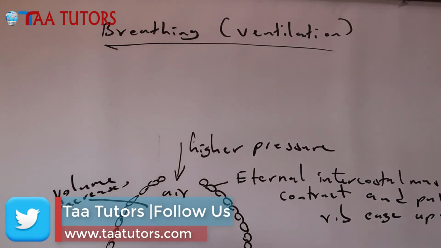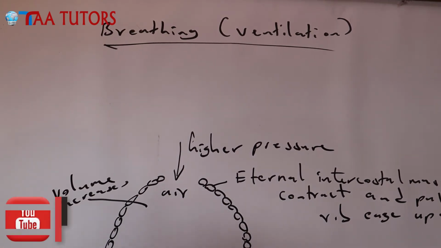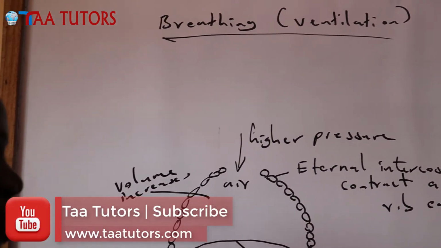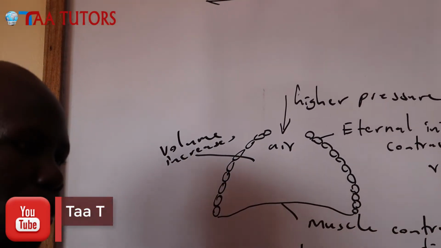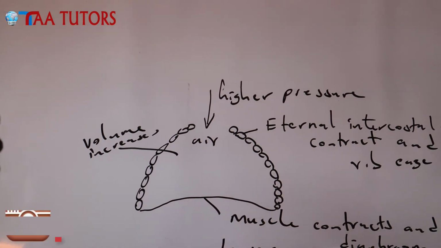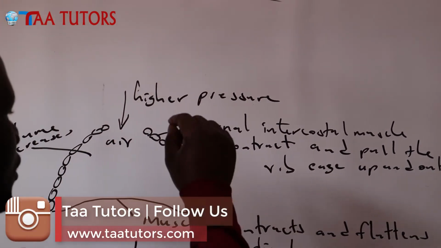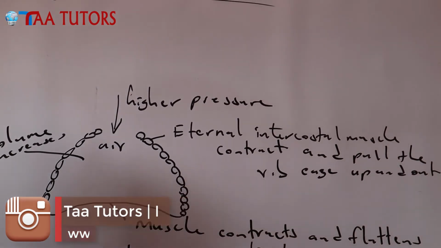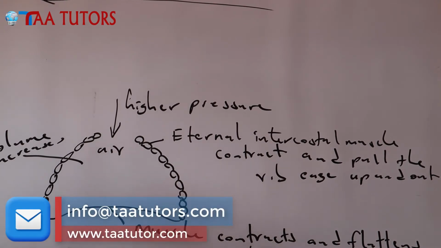So how does this process take place? This process takes place due to the change in the internal pressure or the volume of the chest cavity. This is brought about by the activities of the rib muscles, that is the intercostal muscles, and also the diaphragm muscles. Now how do they happen so that we can breathe in?